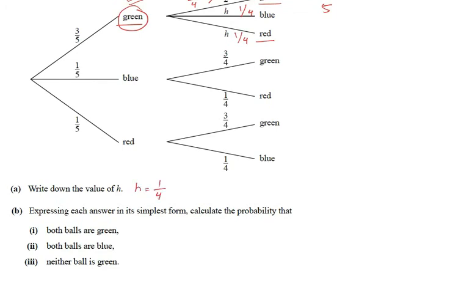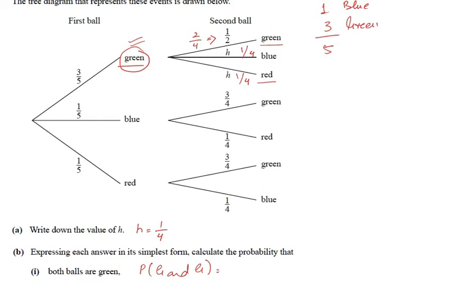Now in part B they are saying, expressing each answer in its simplest form, calculate the probability that both balls are green. So it means probability of green and green. Let's see, 3 upon 5 multiplied by 2 upon 4, or we can write 1 upon 2.